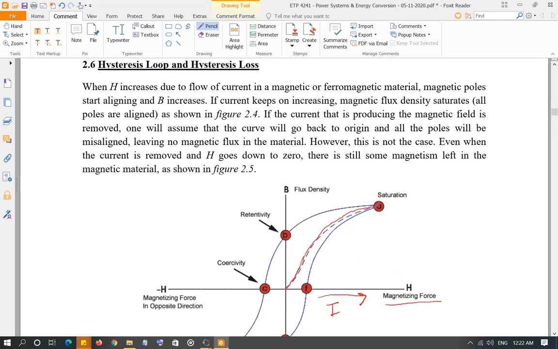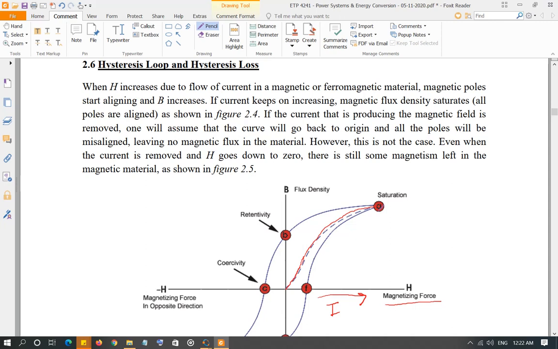What happens is the magnetic dipoles that were arranged due to the supply of current do not become totally disoriented even if you remove the current or magnetizing force.